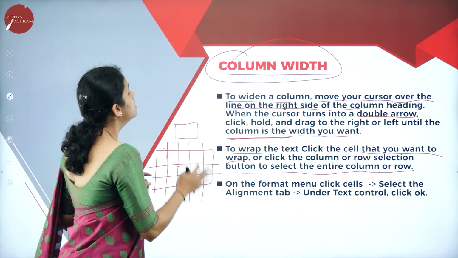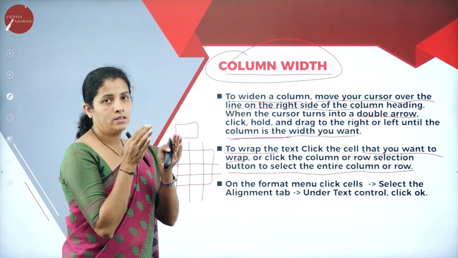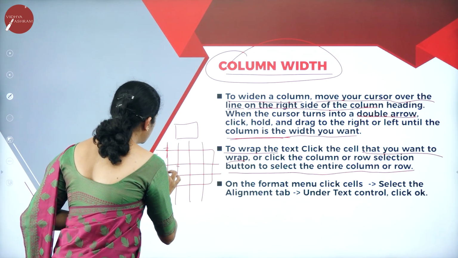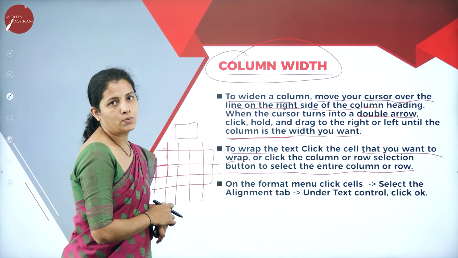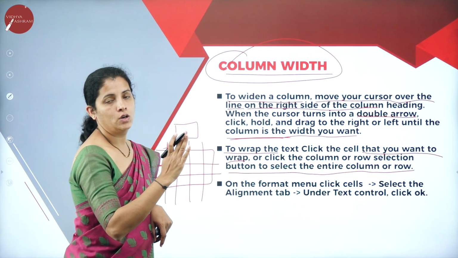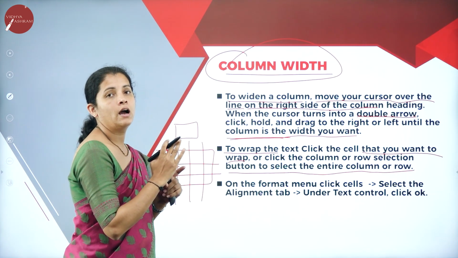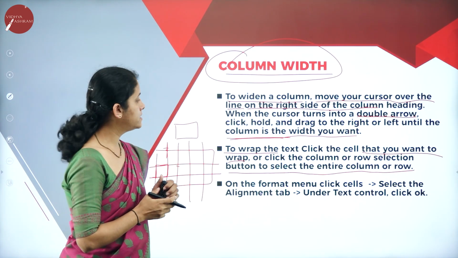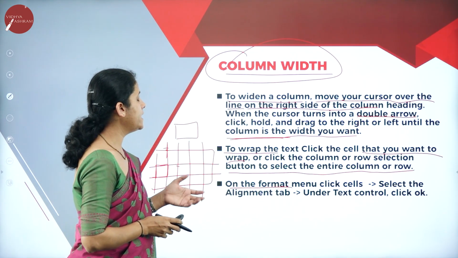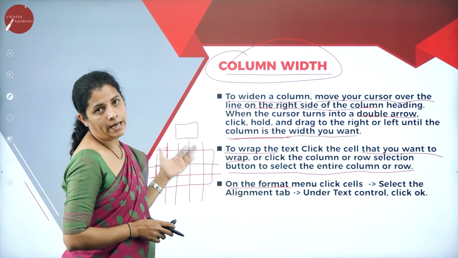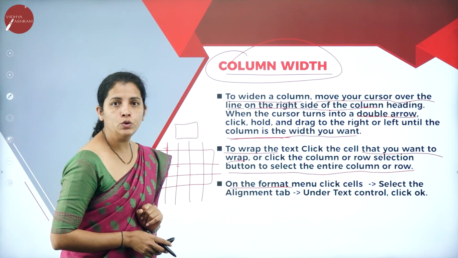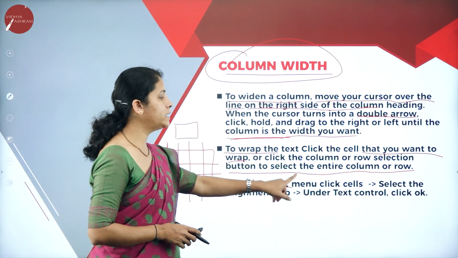That means if you want to fit the text to the cell, I select the row as well as the column, drag the cell towards right or left and adjust the cell. Then on the Format menu, once again, if you want to align your text or wrap your text, I can use the option called Format menu.